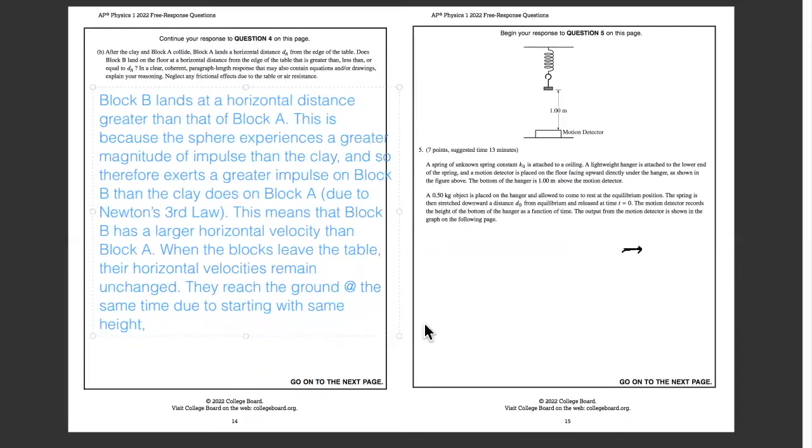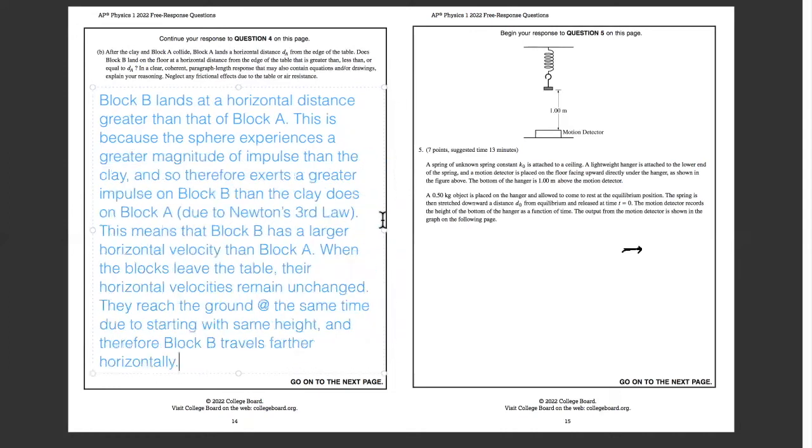Okay, they reach the ground at the same time due to having the same height, and therefore block B travels farther horizontally. All right, and there is my paragraph.